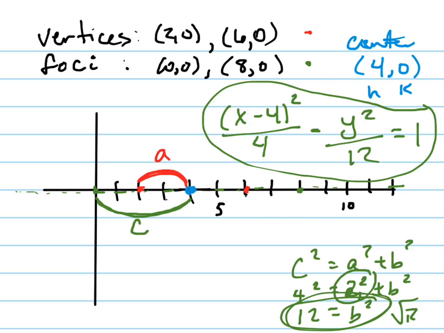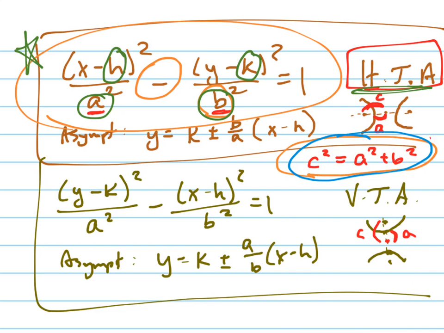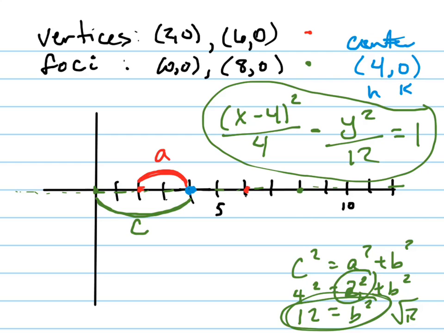Now if they wanted the equation of the asymptote, there's your equation of the asymptote right there. It's Y equals K plus or minus B over A, times (X minus H), which is essentially just the point-slope form of the equation of a line, if you remember back to Algebra 1. So if you look at that equation right here, you can see what's going to happen.